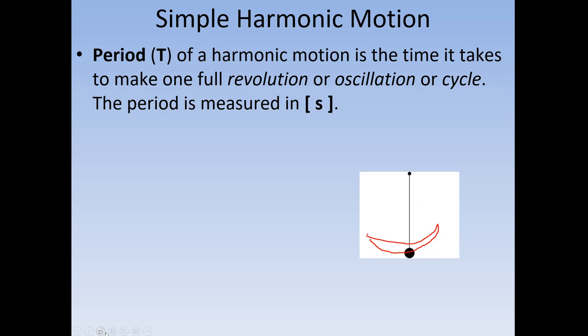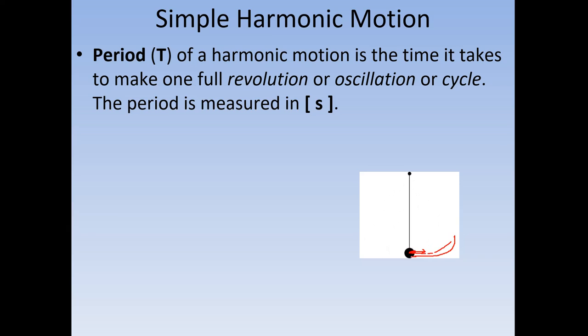So for clarification, I'm going to try and delete. No, there we go. Let's say I want to pick this point as my starting point of the cycle. Well, if I just did it right to where it returns to that state, you'll notice that this isn't the full cycle, because in the scenario that I picked just now, I started here, but I was also picking the point where it was starting here going to the right.